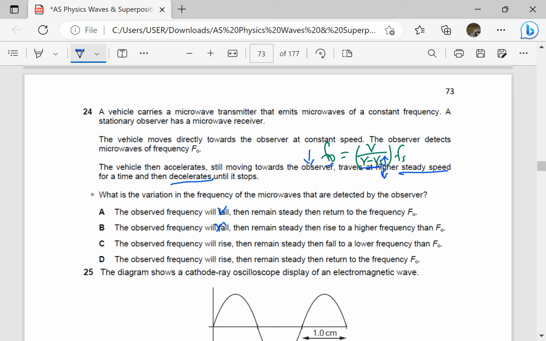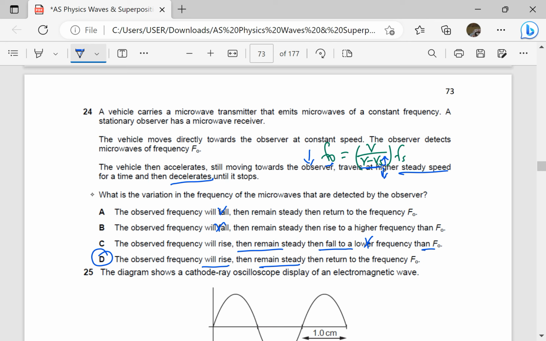So it rises, remains steady, and then returns to f0. It will not fall to a lower frequency than f0, because there is no way it moves away from the observer. Therefore, it returns to the frequency f0. So the answer is going to be D.